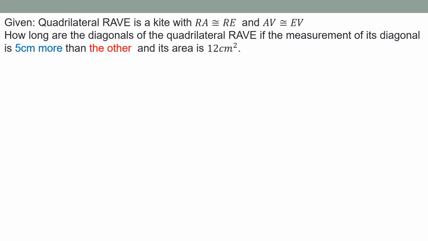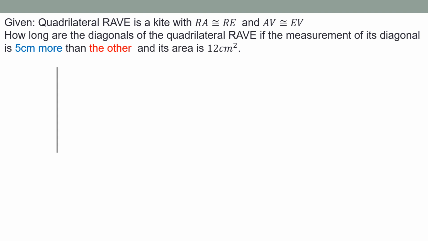Given quadrilateral RABE is a kite, if RA is congruent to RE and AB is congruent to BE. How long are the diagonals of the quadrilateral RABE if the measurement of one diagonal is 5 cm more than the other and the area is 12 square centimeters? Let us draw the quadrilateral RABE.